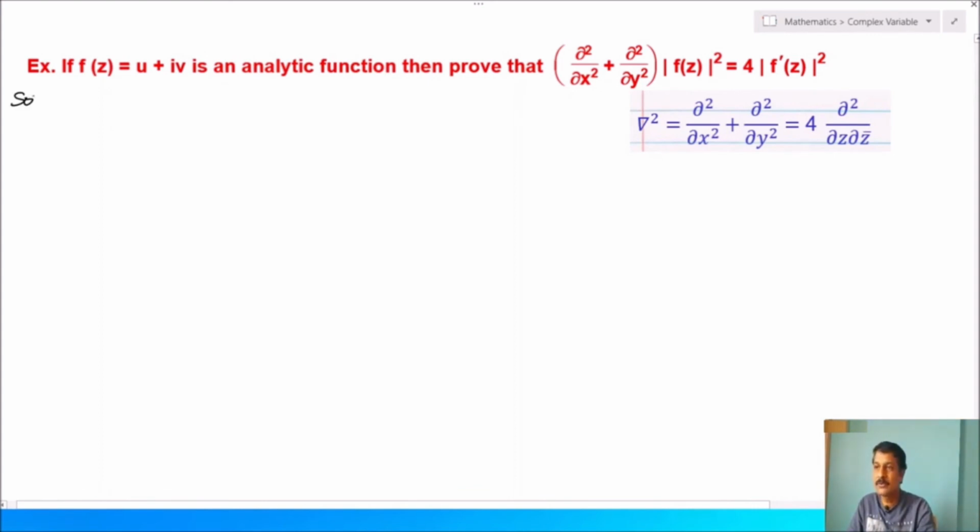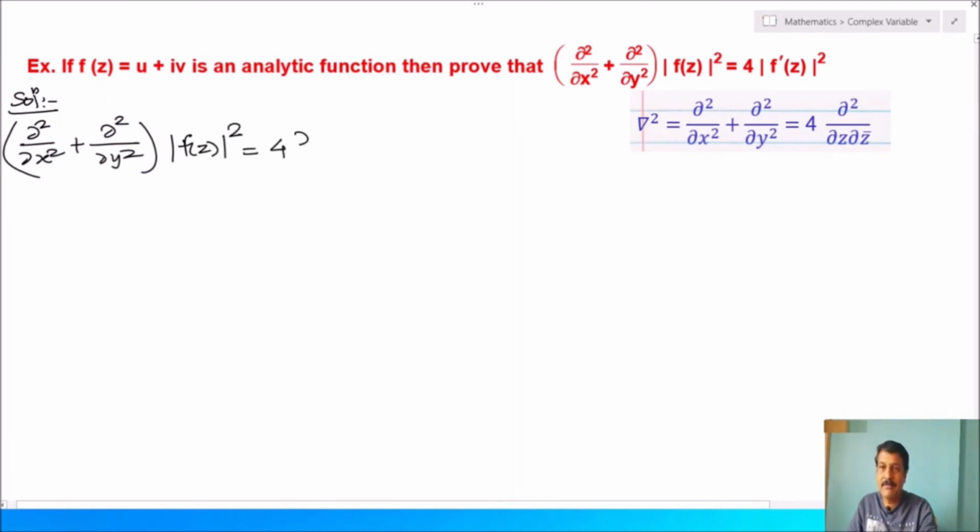So how? So what is the solution? Here del square by del x square plus del square by del y square of mod of f of z whole square, and that is equal to, I can write, 4 times del square by del z del z bar of mod of f of z whole square, and that is equal to 4 as it is.